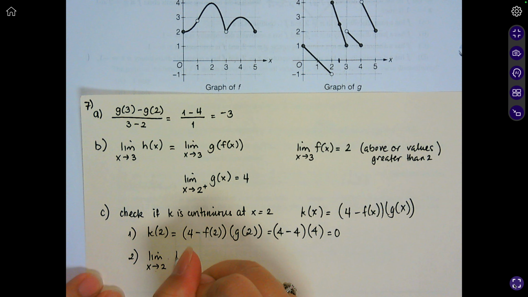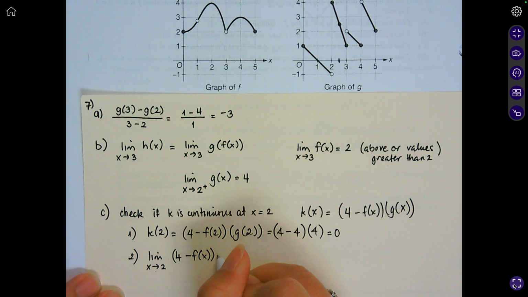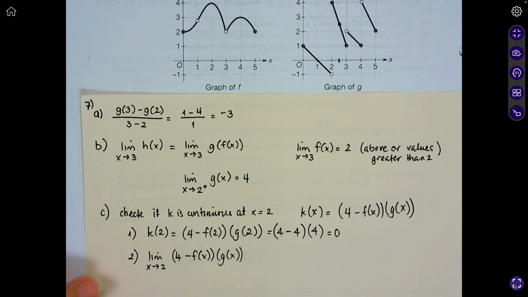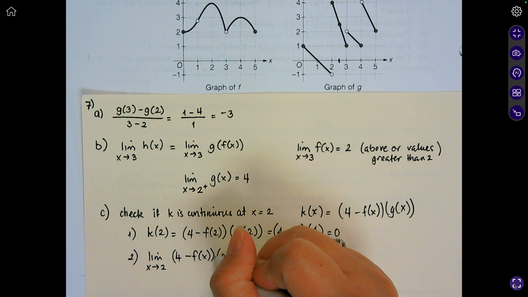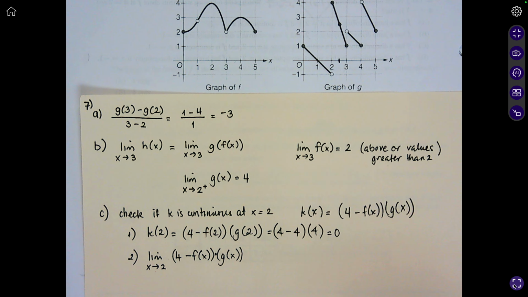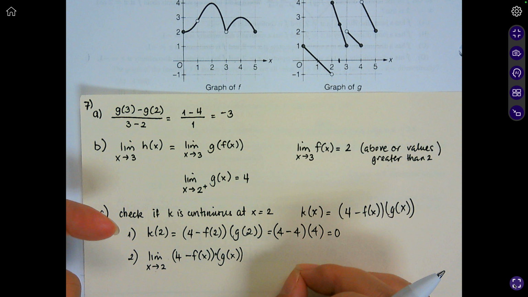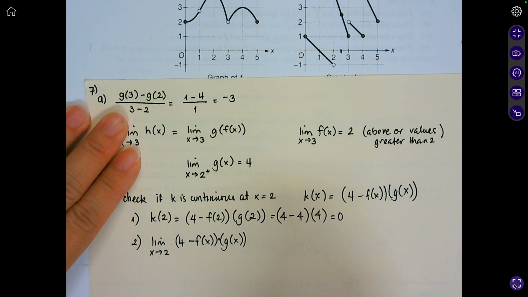Next, I need to find the limit. So I have to write the limit now of 4 minus f of x times g of x. When you find limits, please note you can break them apart and find the limits that way. Because this is a multiplication, you can break the limits apart. So this is what I mean.